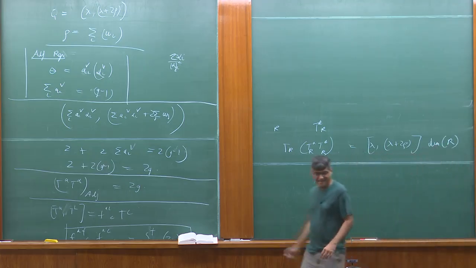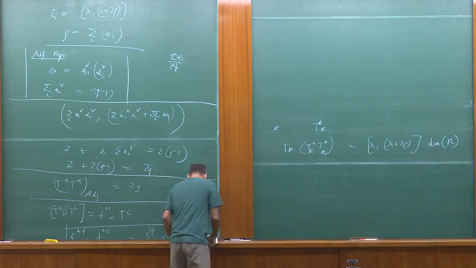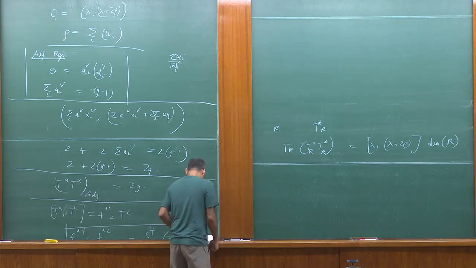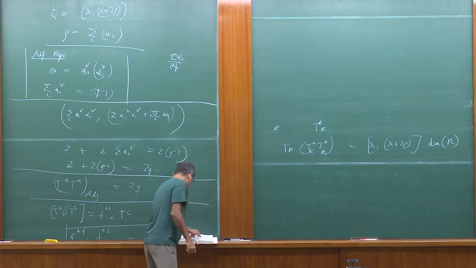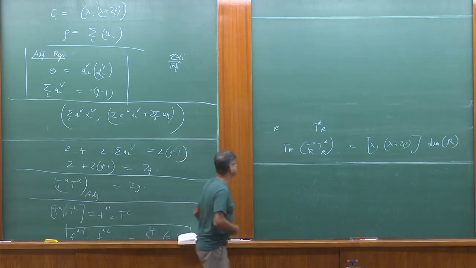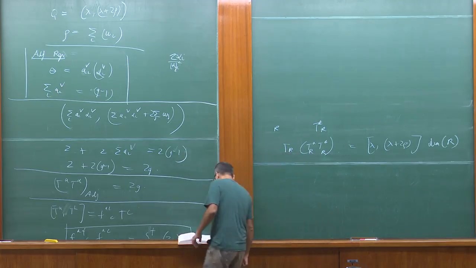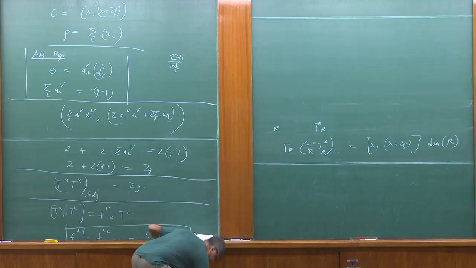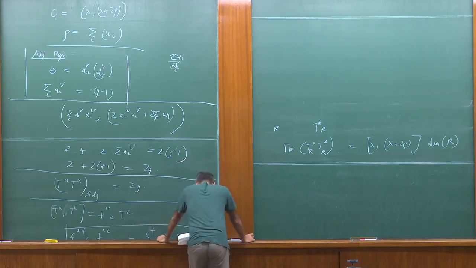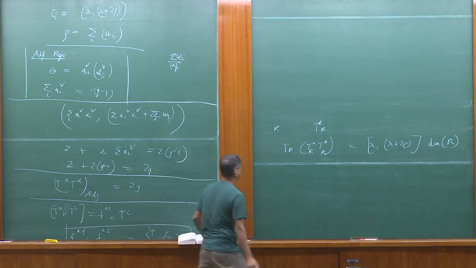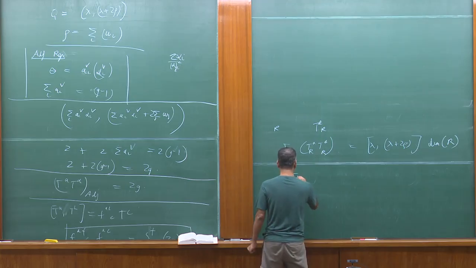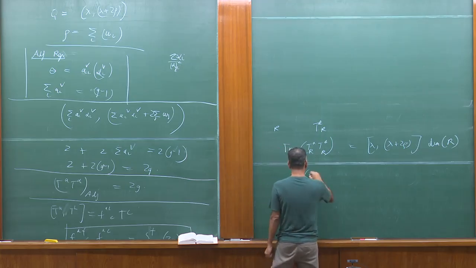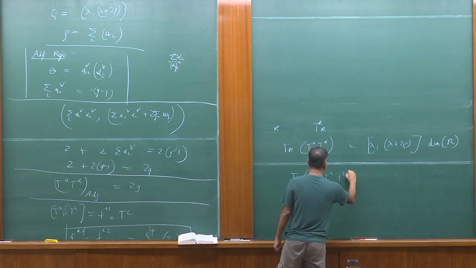Now people make the following definition. Suppose you have the trace in representation R of T^A T^B.